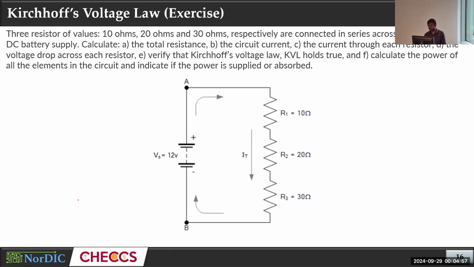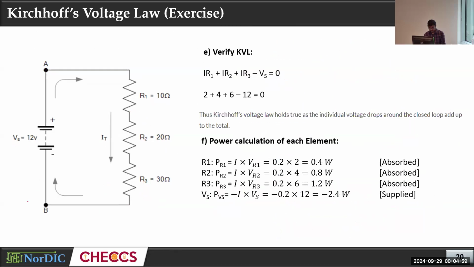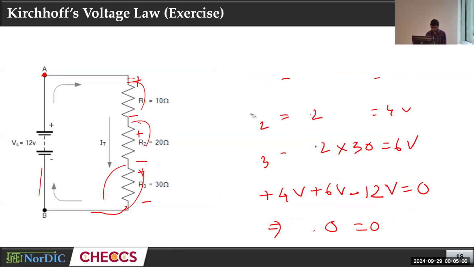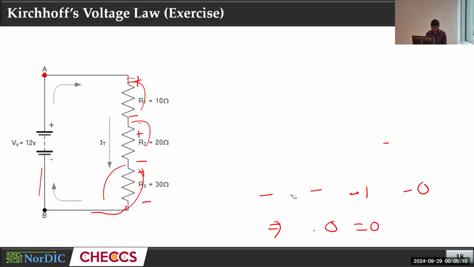Okay. Up to this point, we have calculated the voltage of these three resistors, right? 2 volt, 4 volt, and 6 volt.